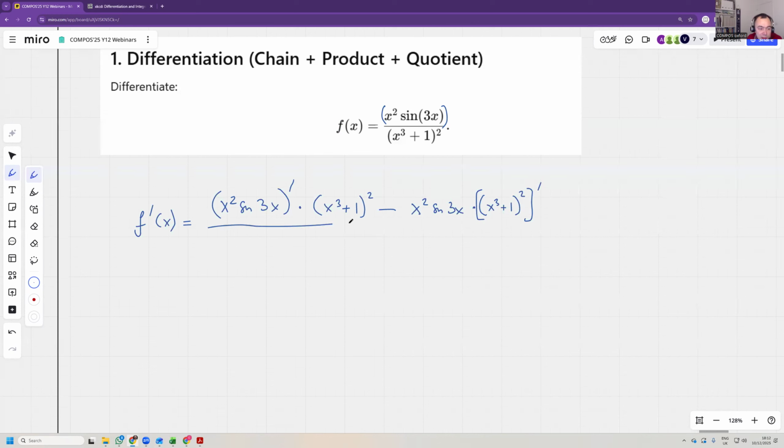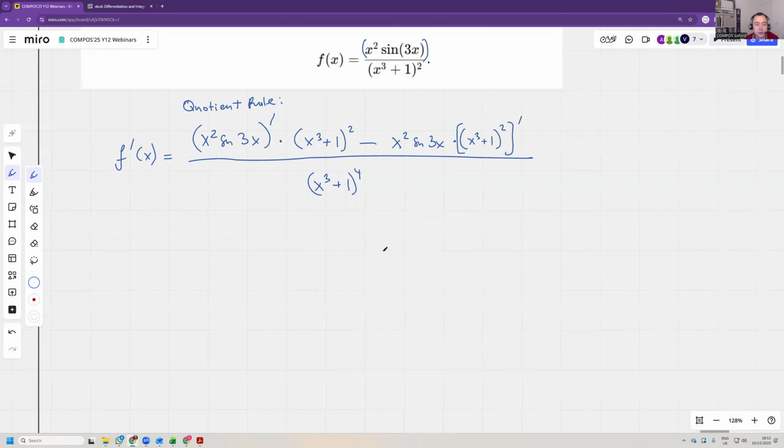So I'm using the quotient rule first, and divided by (x cubed plus 1) to the power 4.